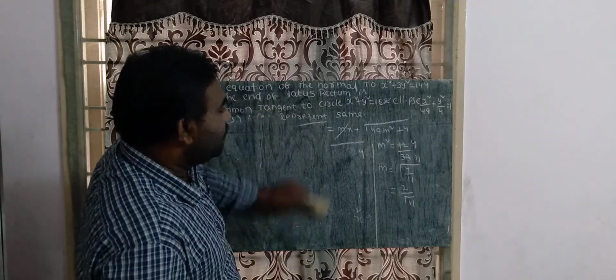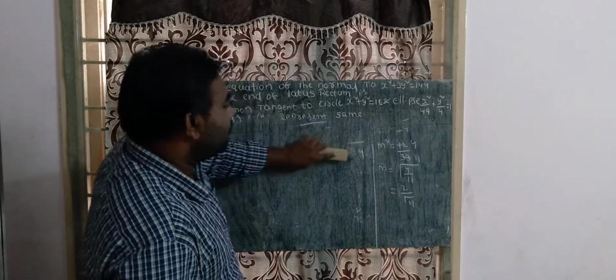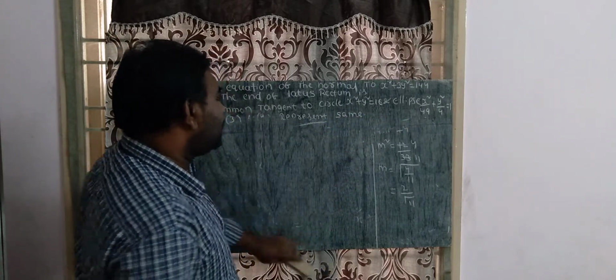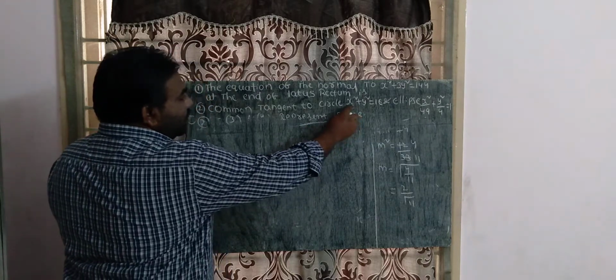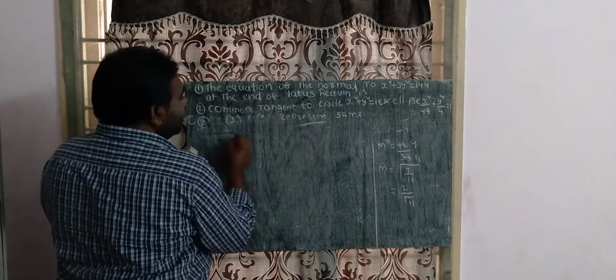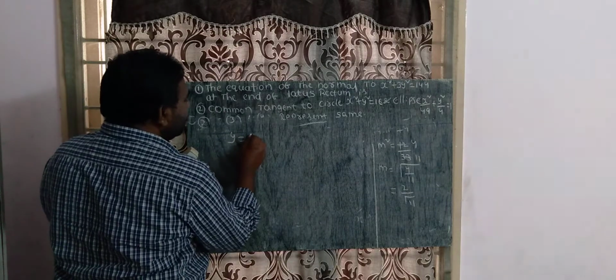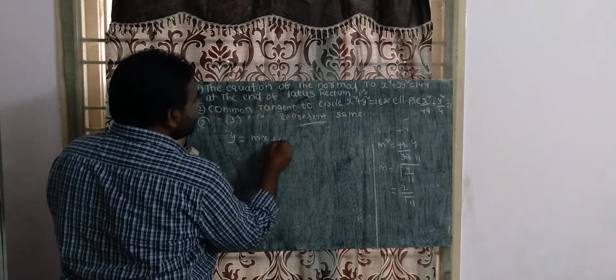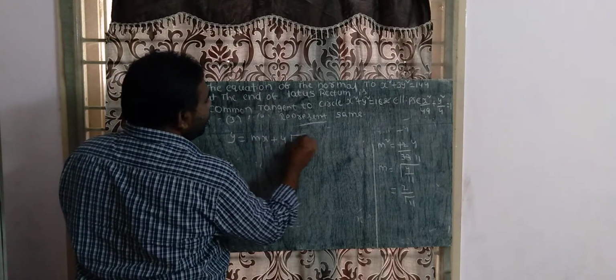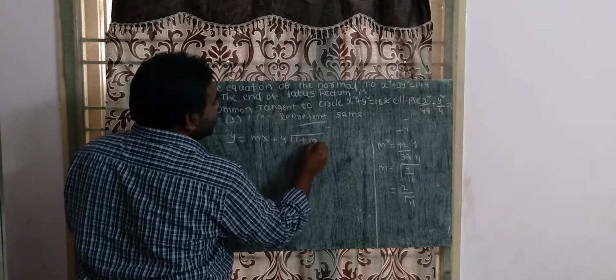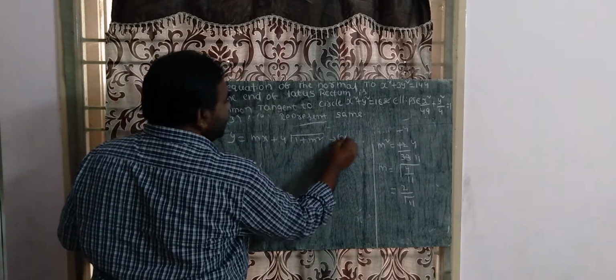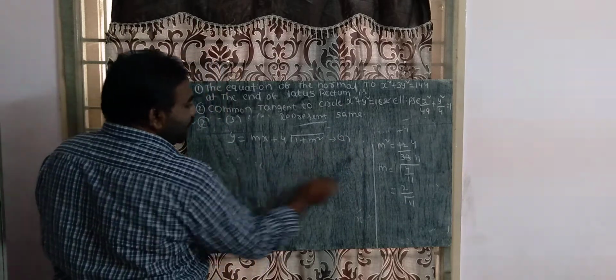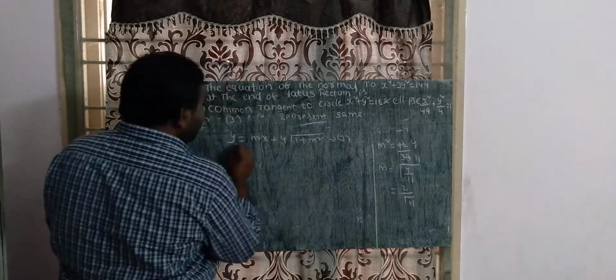We take any one, either the equation of tangent for ellipse or for circle. I take the equation of tangent for circle, that is y is equal to mx plus 4 into square root of 1 plus m square. Already we took this from equation 3. Here we take m is equal to 2 by root 11.